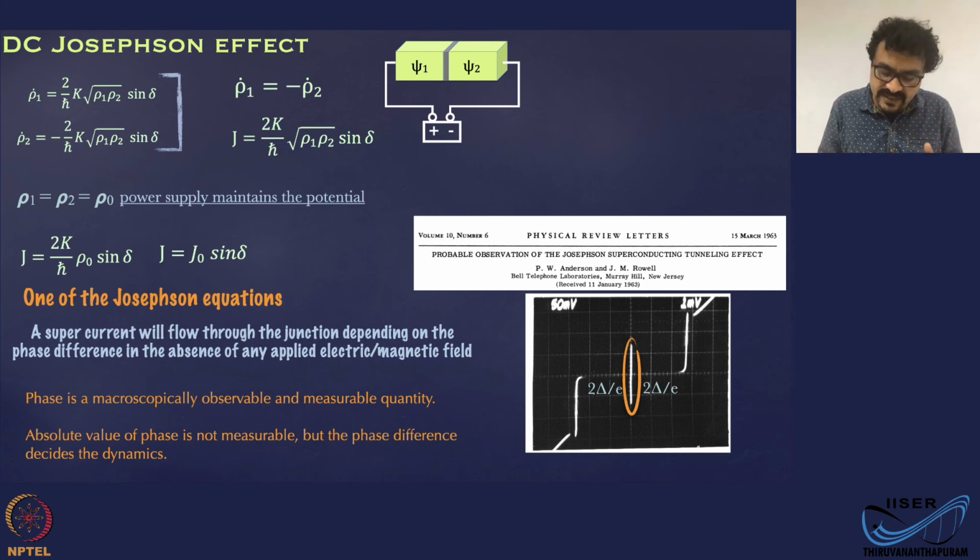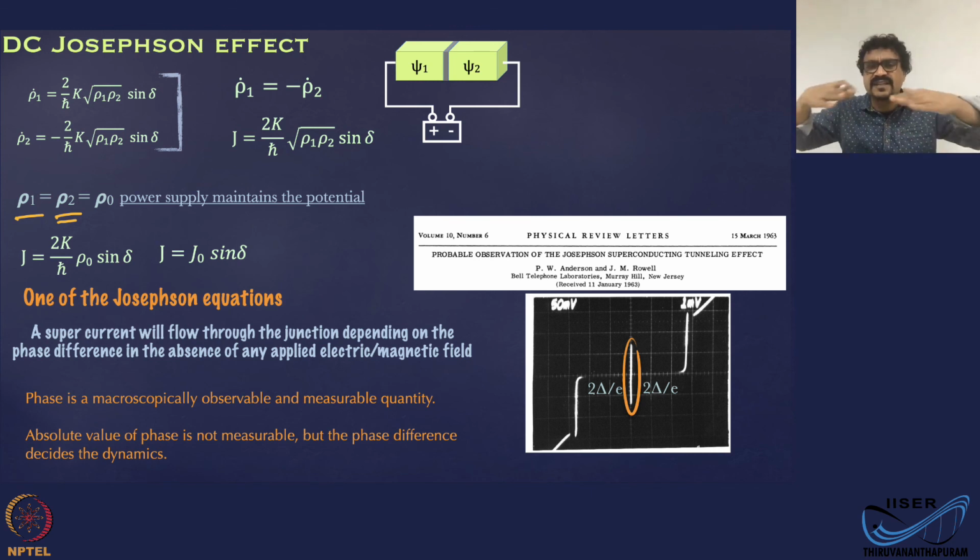Now we are considering the same material on either side, and the potential is 0. It is set by the voltage, because we are discussing the case at 0 bias. What that means is there is no chance of rho1 and rho2 being different, so there should be the same concentration of Cooper pairs on both sides. They are the same material too. But even if they are not the same material, as long as they are at the same potential level, the density should be the same.